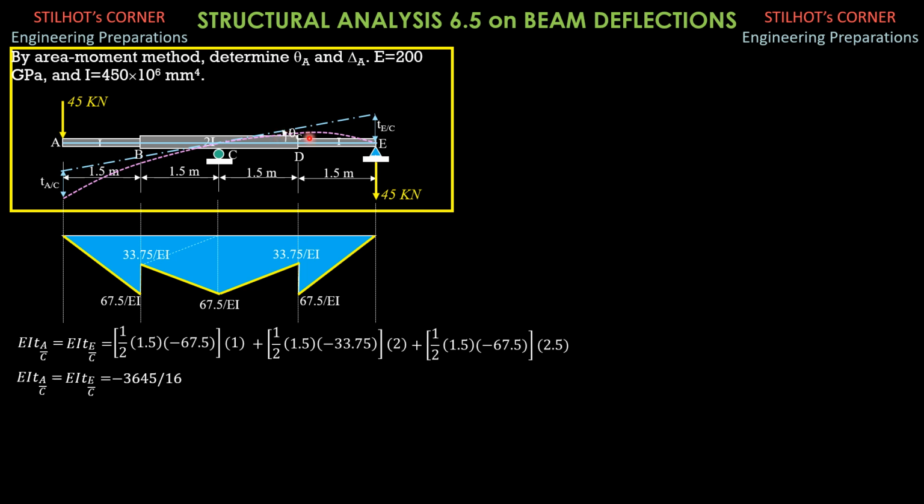And it is opposite over adjacent. So we just make deviation of E relative to C positive, then divided by 3. So theta C is equal to 3645 over 16 over 3, then over EI. So that's why it is equal to 1215 over 16 EI. That's theta C.